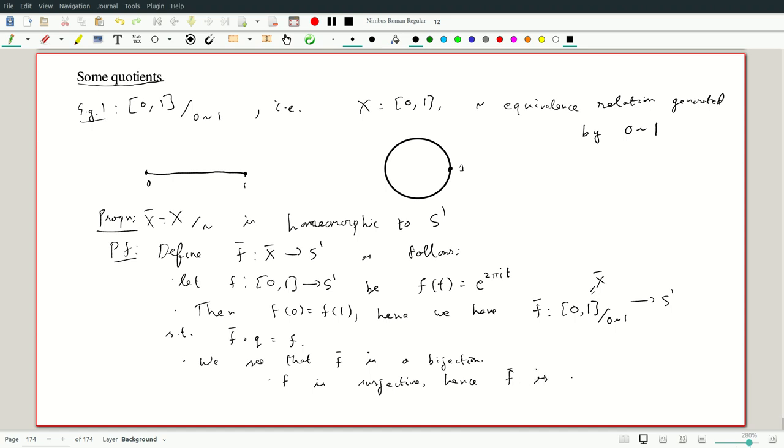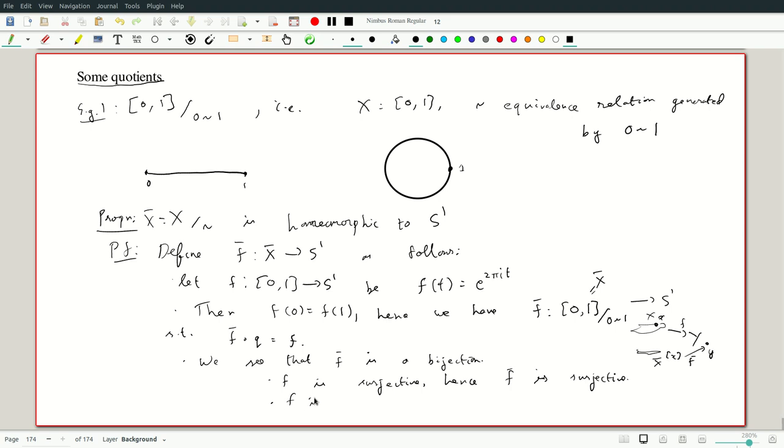So the quotient is always going to be surjective if f is surjective, because if I have a point y, and then I have some space X and then I have X bar here, and I have a surjective function f, that means I have an inverse image point x. So if I look at its equivalence class, f bar of that will be y. So f bar is surjective.